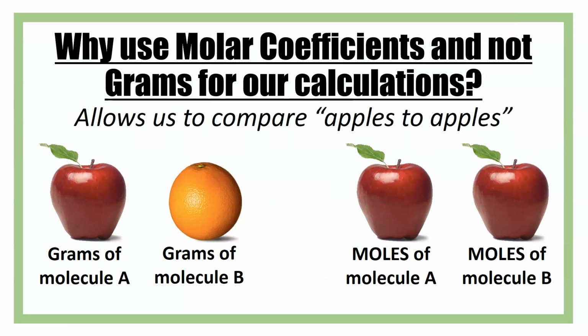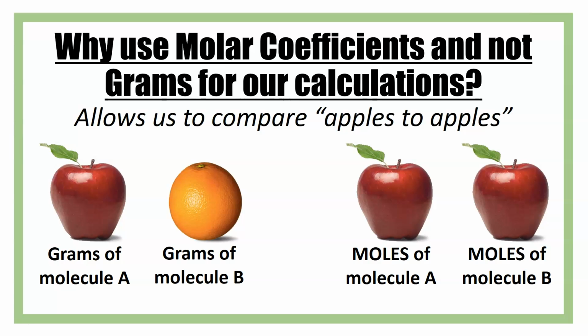One of the things that's going to be really important is that we need to be using what we call these molar coefficients, the coefficients inside the balanced reaction, instead of always doing things in grams. And the reason why is that grams is kind of like comparing apples and oranges. They're not really the same.